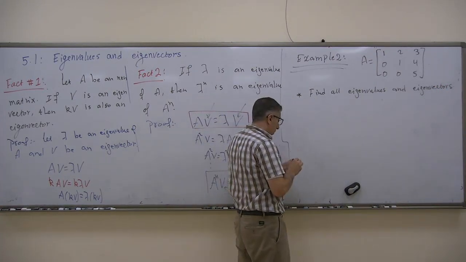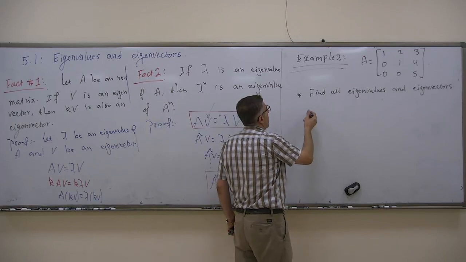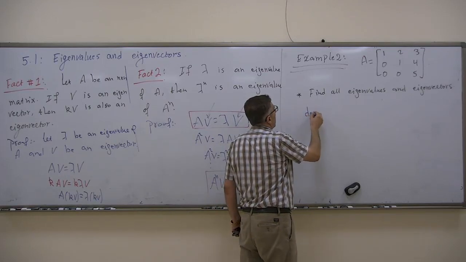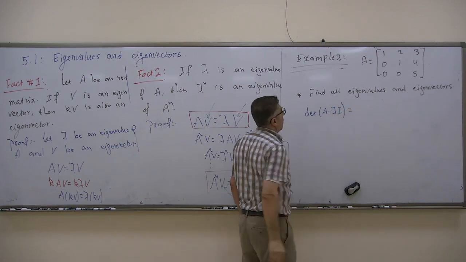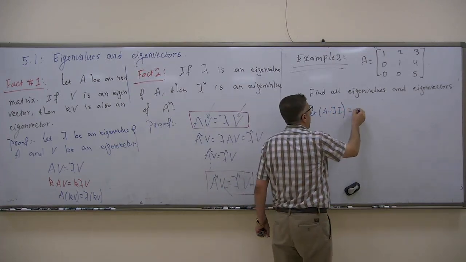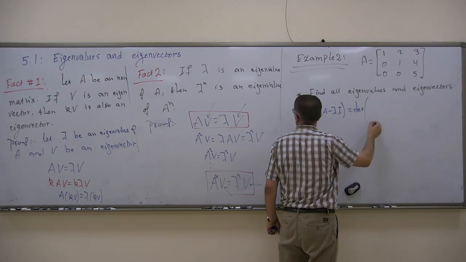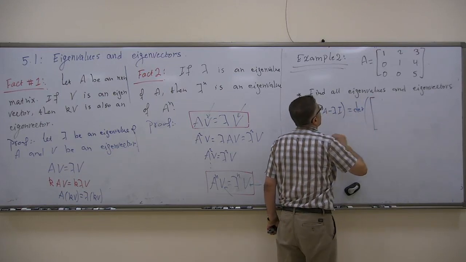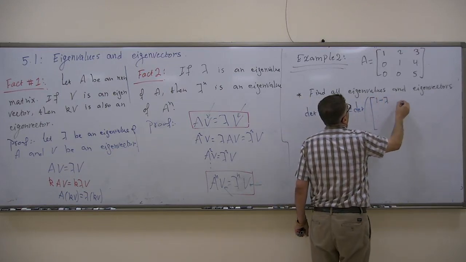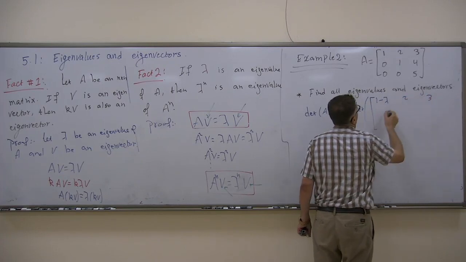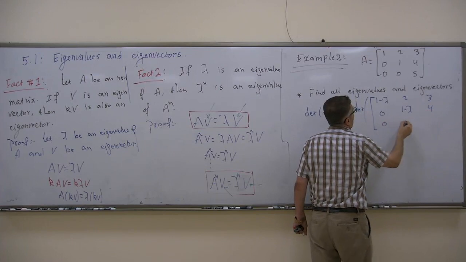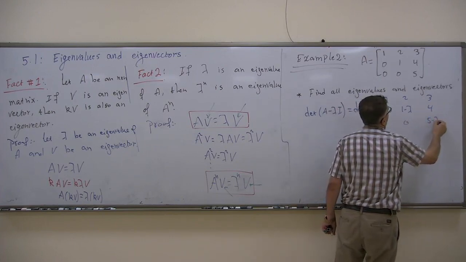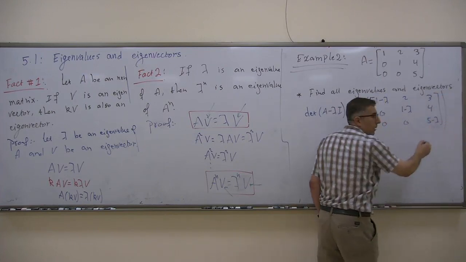What you need is the determinant of A minus lambda I. What is that? That is the determinant of 1 minus lambda, 2, 3, 0, 1 minus lambda, 4, 0, 0, 5 minus lambda. Am I correct?